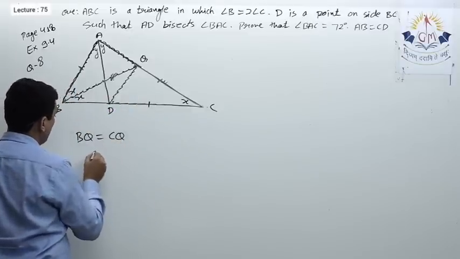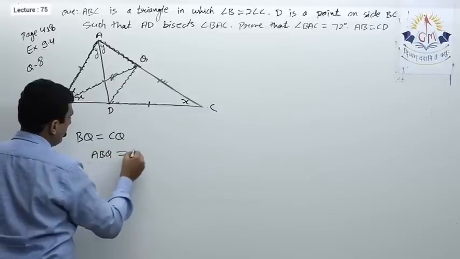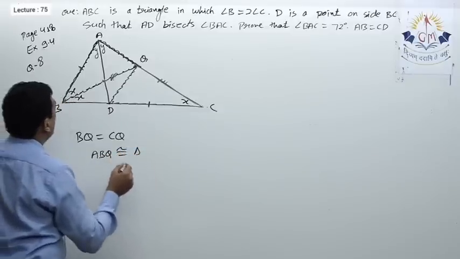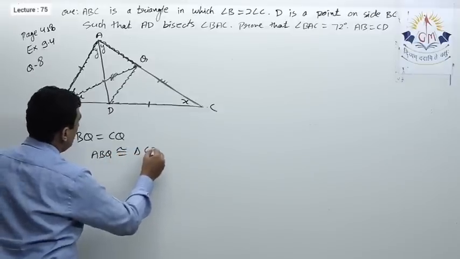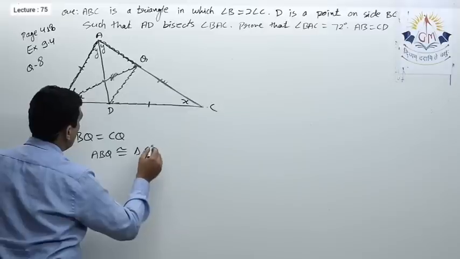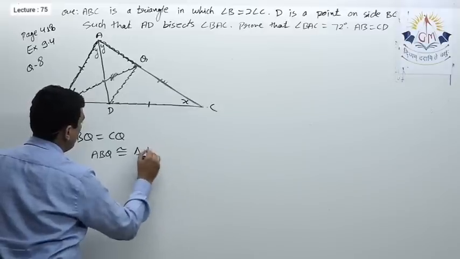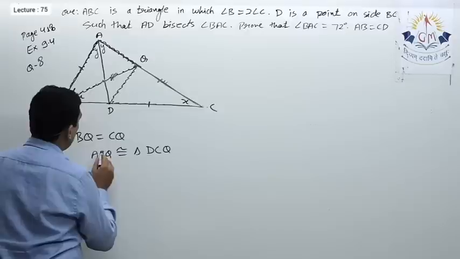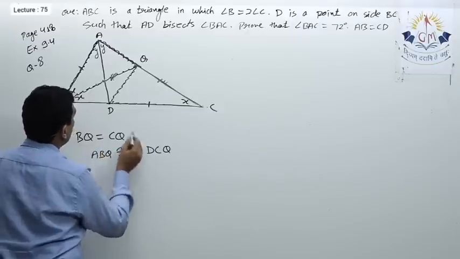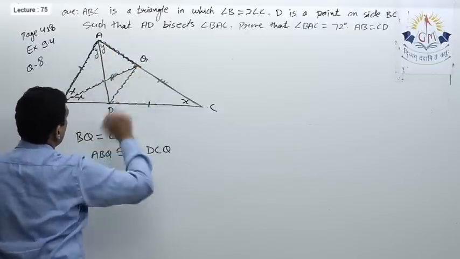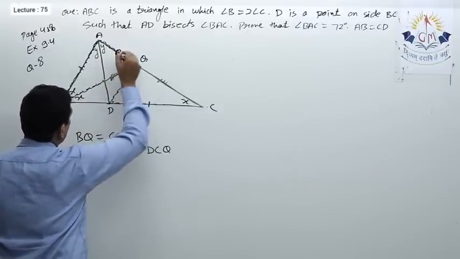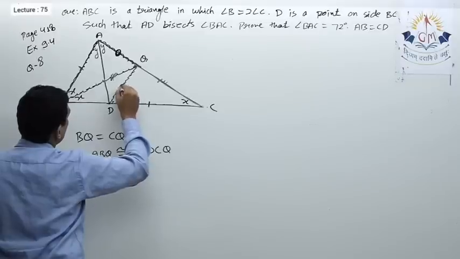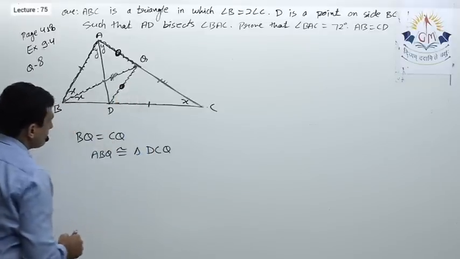That means I am writing triangle ABQ is congruent to triangle DCQ. AB equal to DC and BQ equal to CQ, so this gives me AQ is equal to DQ by CPCT.